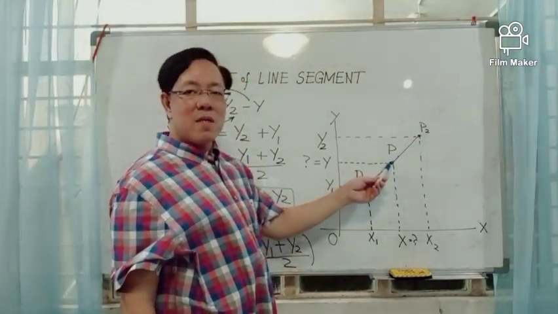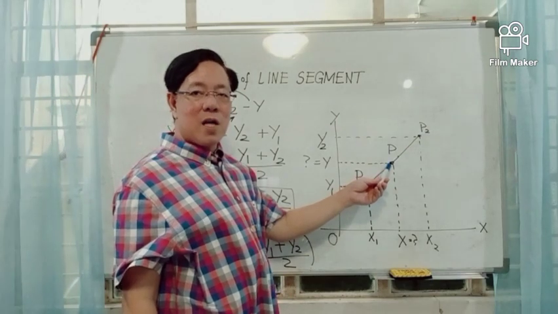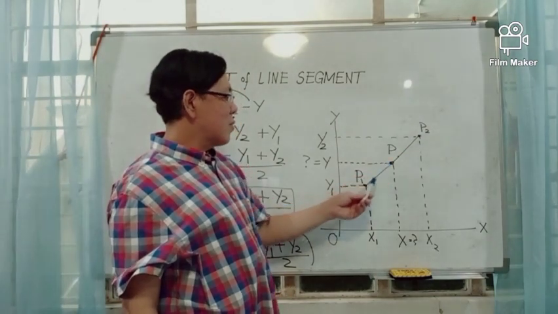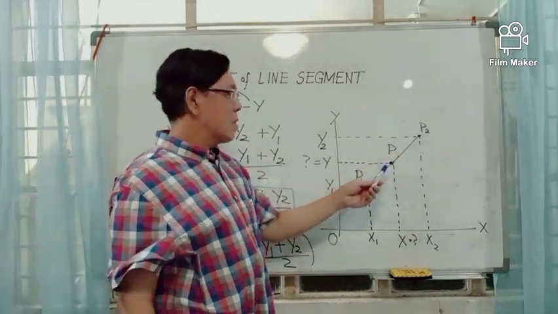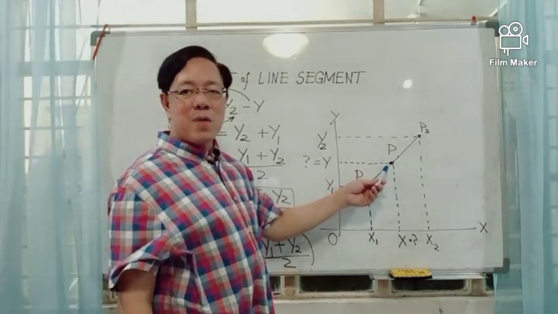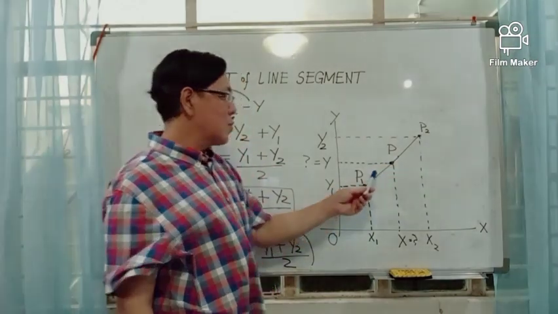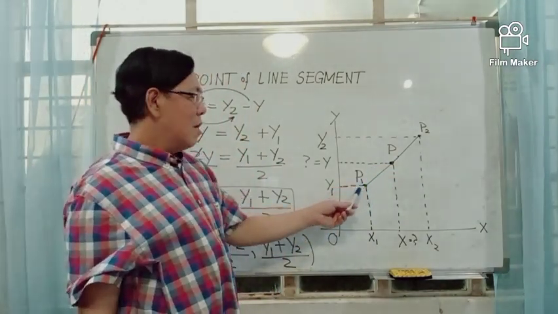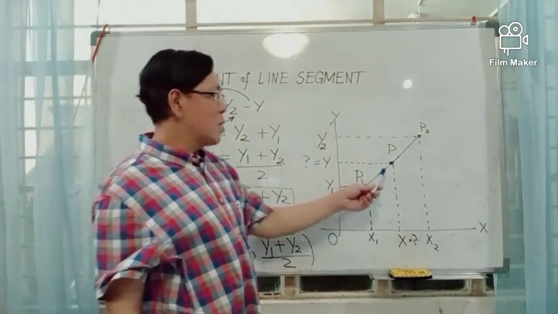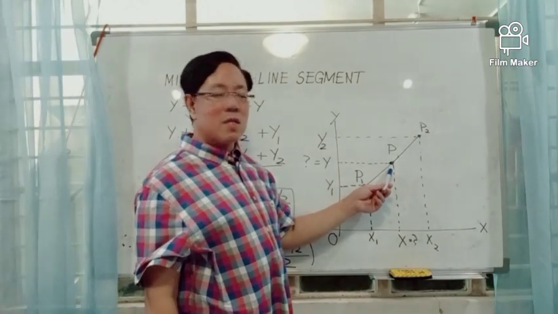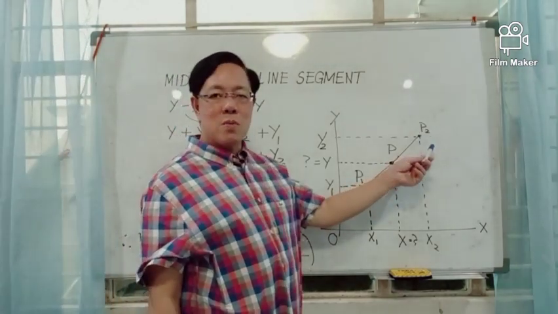Because the midpoint is exactly at the center, at the middle, between P1 and P2, we said earlier that point P divides the distance between P1 and P2 into two equal distances. Hence, the distance from P1 to P is equal to the distance from P to P2.